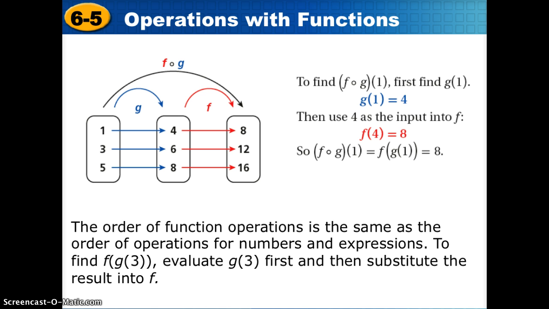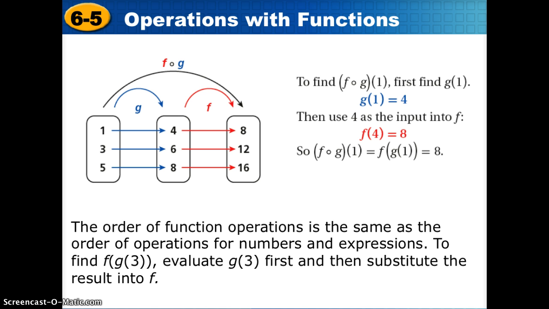So imagine that we have f composition g that we want to find. And we know that that means f of g of x. Well, g of x is on the inside of the parentheses of f of x, so that means that following order of operations, we start on the inside and work our way outward. So we're going to do g of x first.